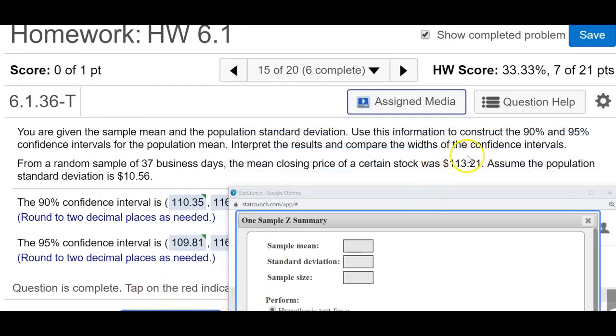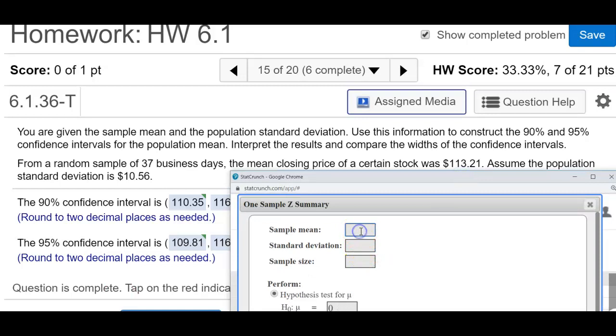Do I have my sample mean? Yes, I do. So this is check. Do I have standard deviation? Yes, I do. Do I have sample size? Yes, I do. So let me go ahead and plug that in. I'm going to leave it here so you can see.